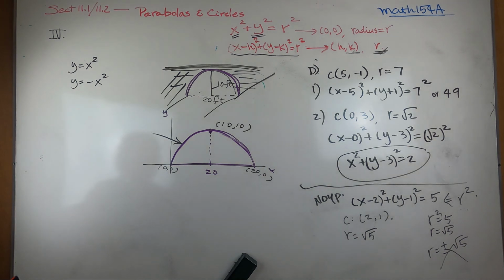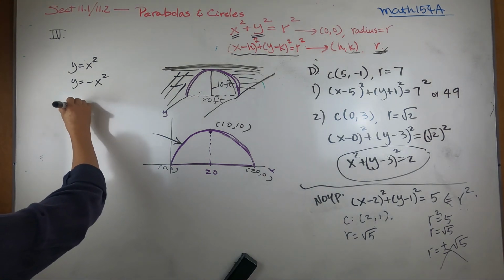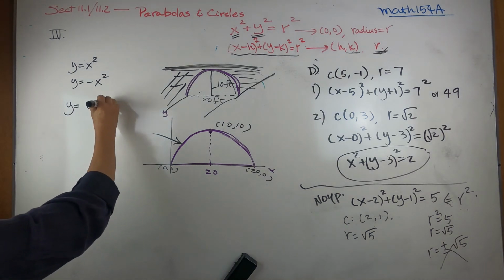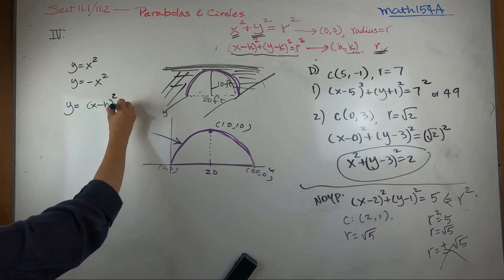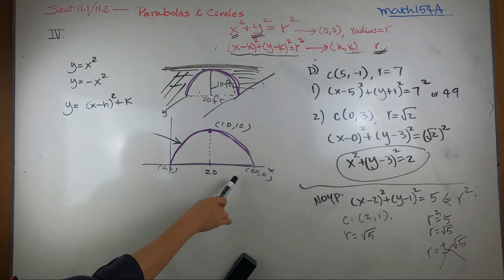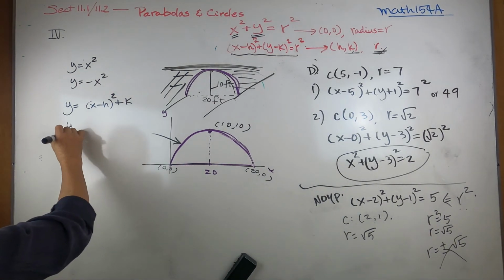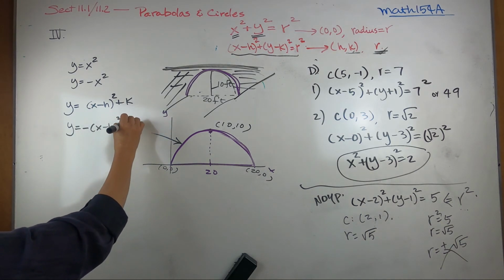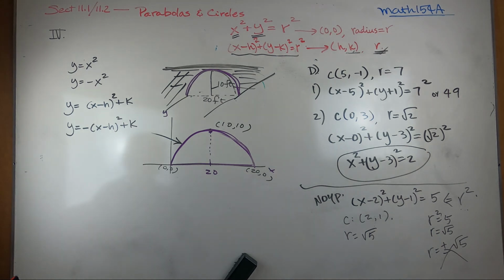Or we write it in the vertex form, which would be what? y equals (x minus h) squared plus k, right? That's the standard form. Then it opens down, so we know it should be what? y equals negative (x minus h) squared plus k, right? Then we know h and k are what?